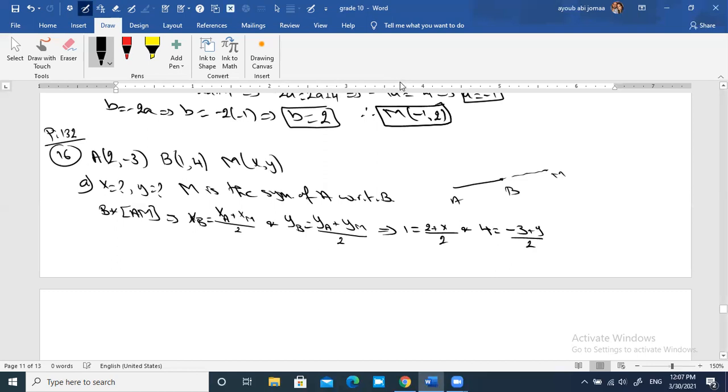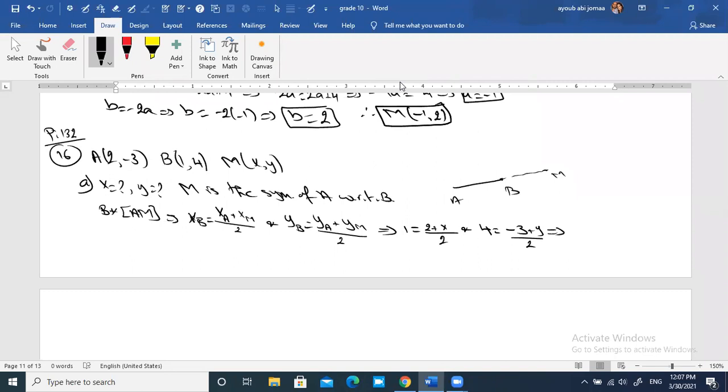Cross product and solve. The 2 doesn't cancel with the 2, because here we have addition.